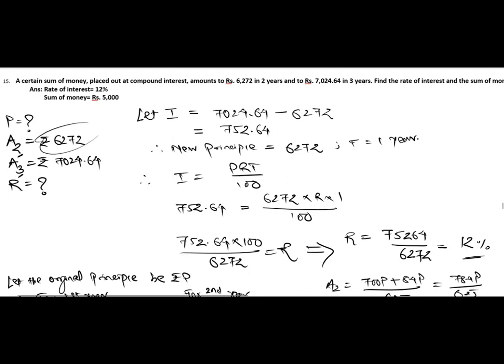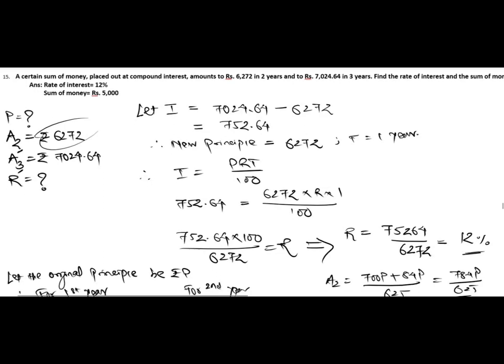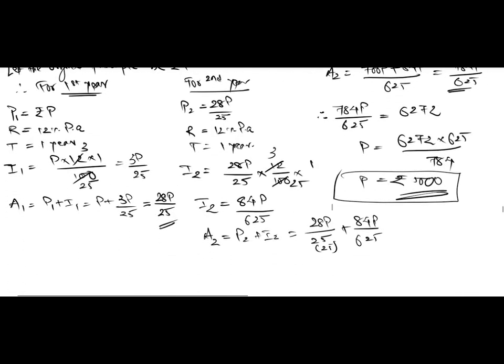We got the rate as 12%. Then we took the original principal as P, and we found the amount for the first year in terms of P, and then amount for the second year in terms of P. And the amount for the second year we equated with A2, which we already had, 6272. When we equated, we found P to be rupees 5,000. Correct? Let's go to the next question.